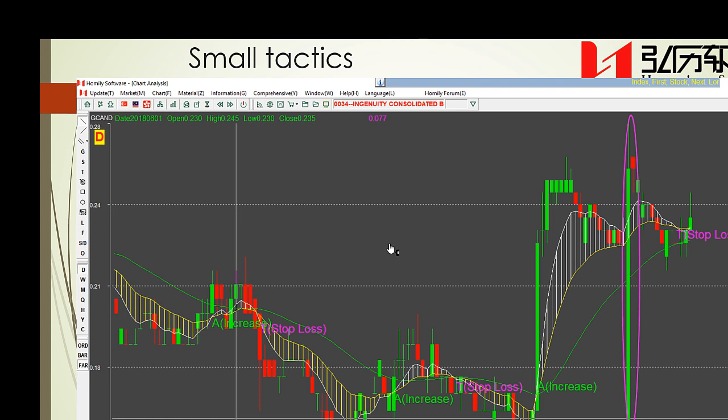So we usually use one indicator. We should be very cautious, and we can see from the details what will happen in this case, what will happen in that case. You should do more research on this, so that you can find out some small tactics, some secrets.